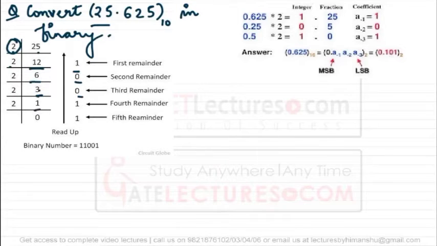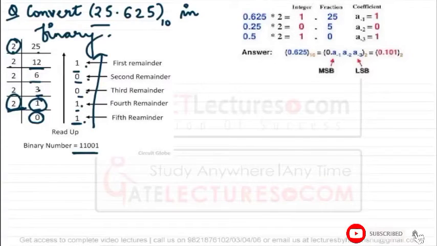Then you divide, quotient is 1, remainder is 1. 1 is not divisible by 2, so you get quotient 0 and remainder 1. So now what is the binary equivalent of 25? You read it like this, start from here and read it like this. So the binary equivalent is 11001.